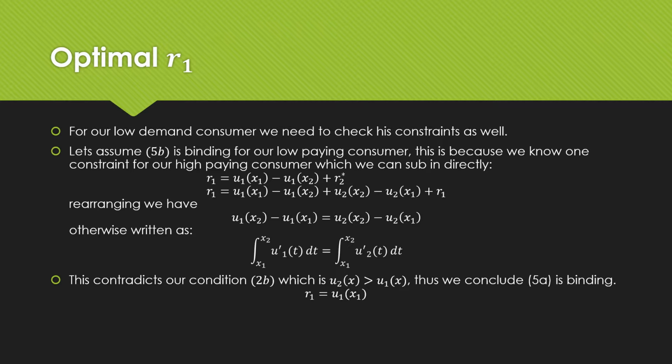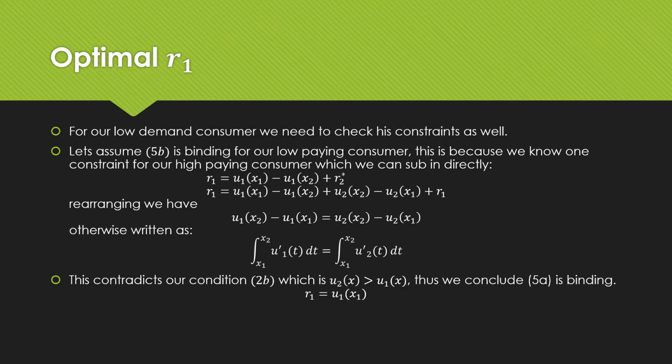So just a little bit of algebra, we get the following difference, where U1 x2 minus U1 x1 is equal to U2 x2 minus U2 x1. So we have the difference between our consumers consuming these two bundles, the bigger bundle minus the smaller bundle.